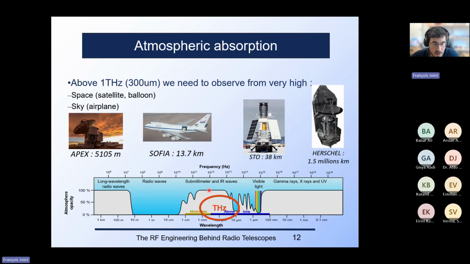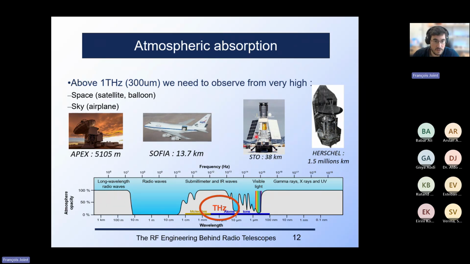In the terahertz, at the sub-millimeter range, so shorter wavelengths, the sky is totally opaque. And in that case, we need to use a stratospheric plane or balloon in order to do the observation, to remove this opacity of the sky.